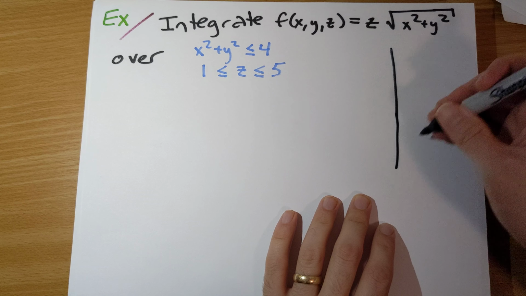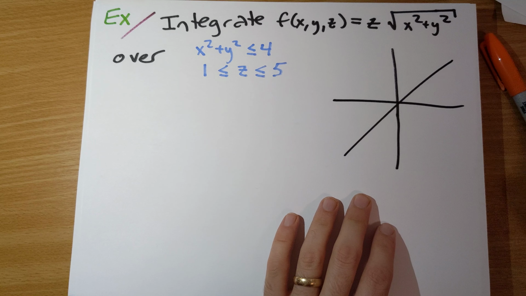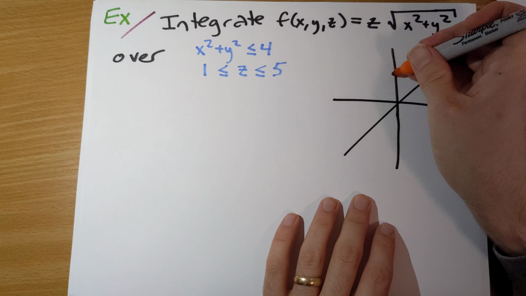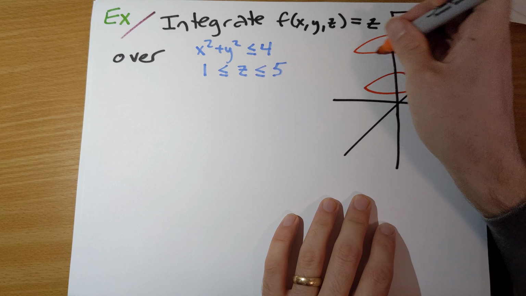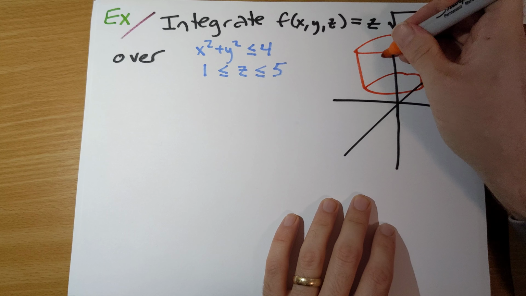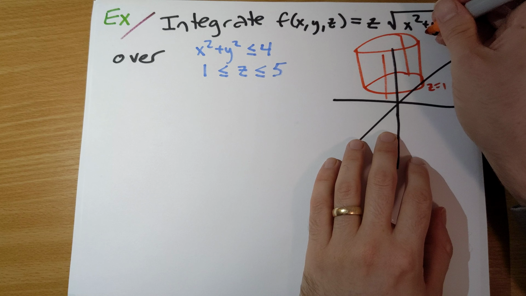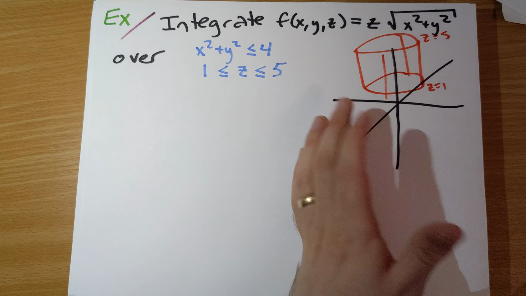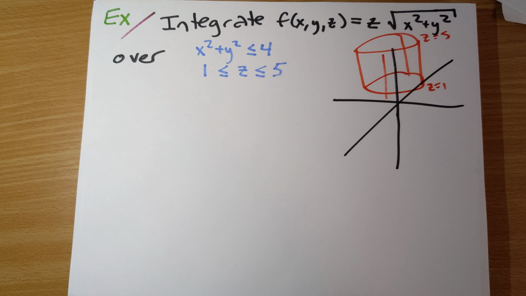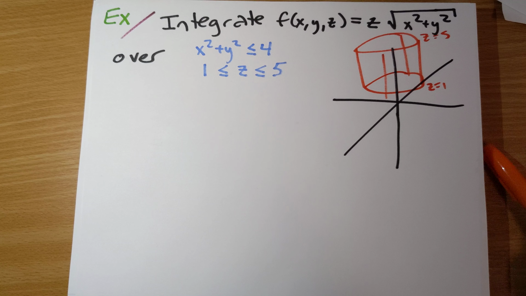Okay, so let's see here. This region is a cylinder. Z runs from 1 to 5. And the cross sections parallel to the xy plane are all circles of radius 2. Okay, what are our bounds here?